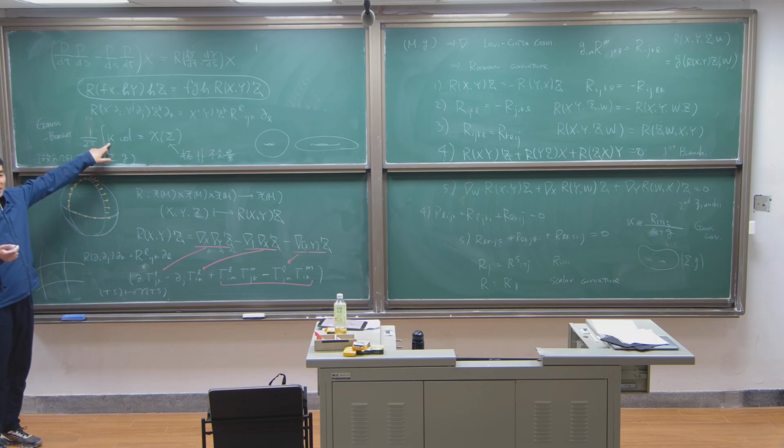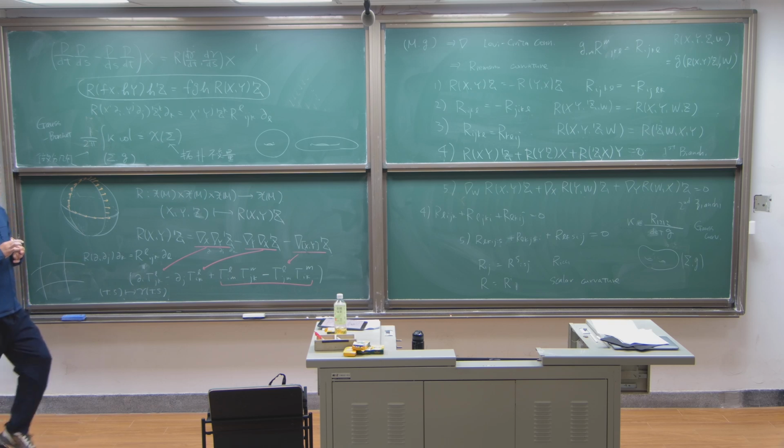Here kappa is locally defined, but integrating over the entire surface, you get a global quantity. So the importance of this theorem is that from a local quantity you get global information.